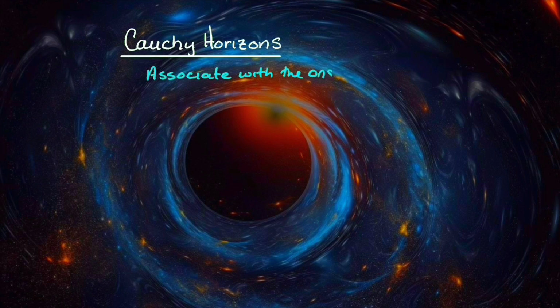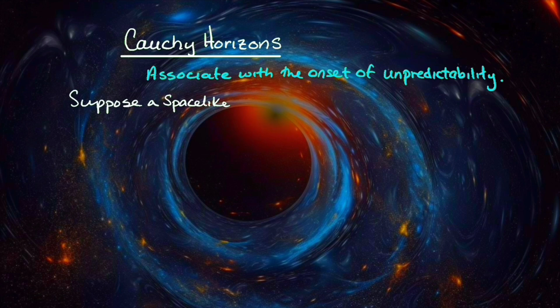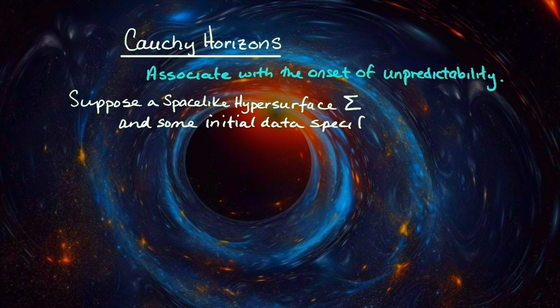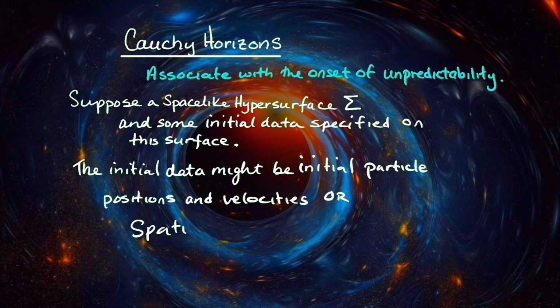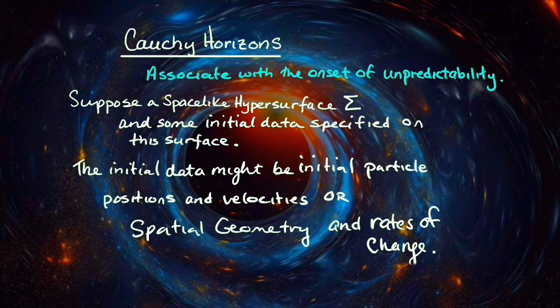Cauchy horizons. Now, this one is associated with the onset of unpredictability. Suppose a space-like hypersurface, and some initial data specified on this surface. The initial data might be something in the way of an initial particle's position and velocities, or the spatial geometry and the rates of change.